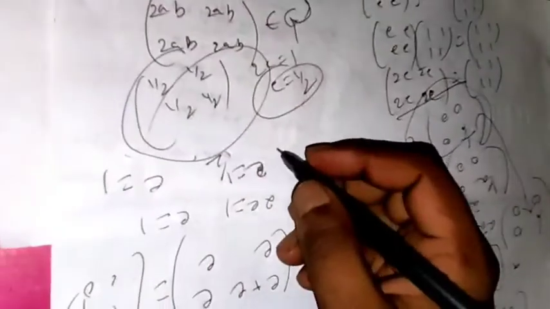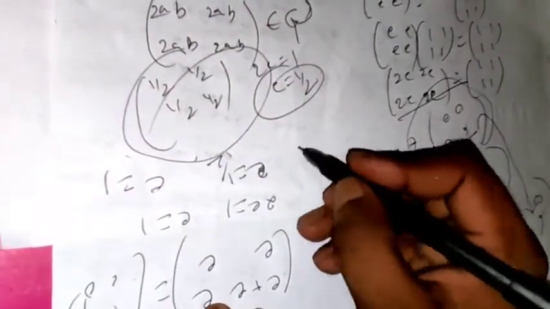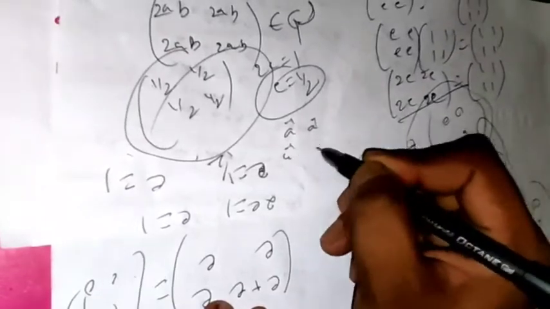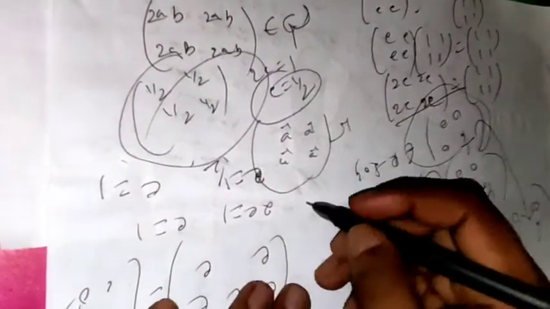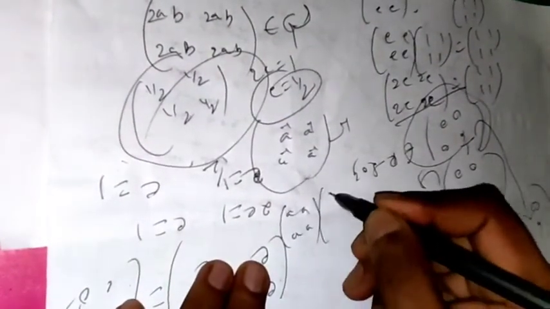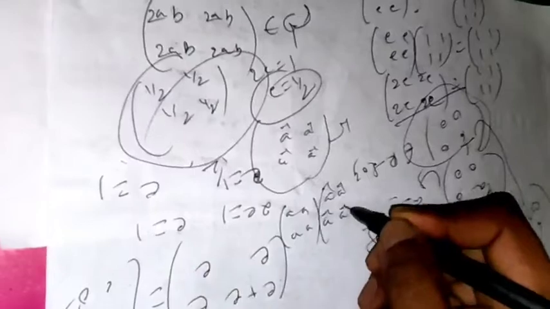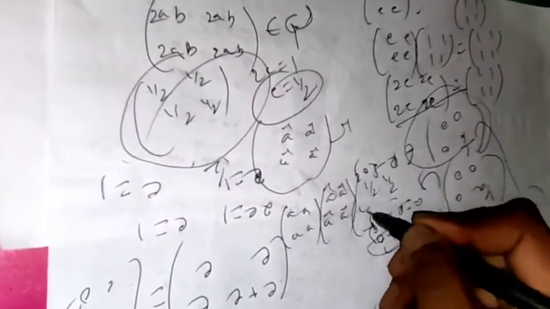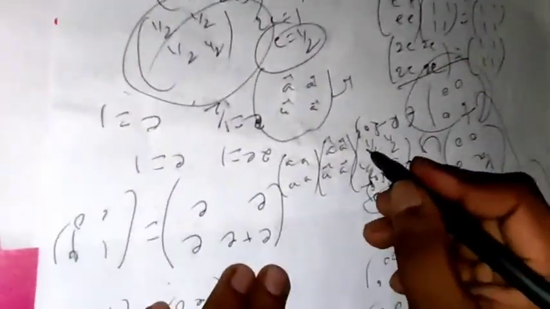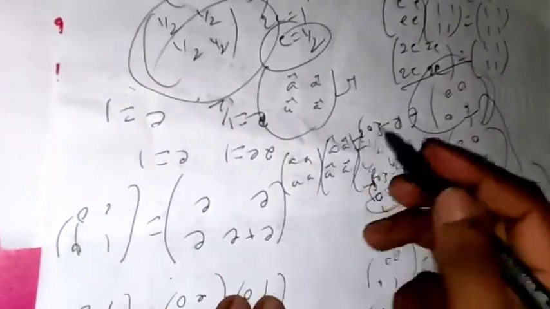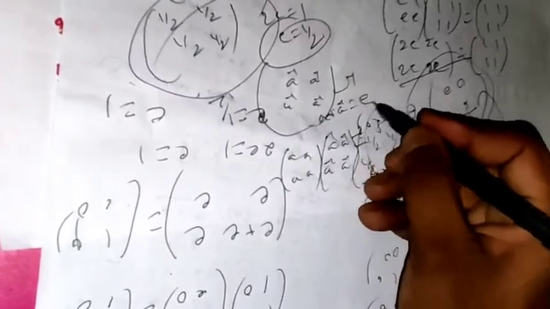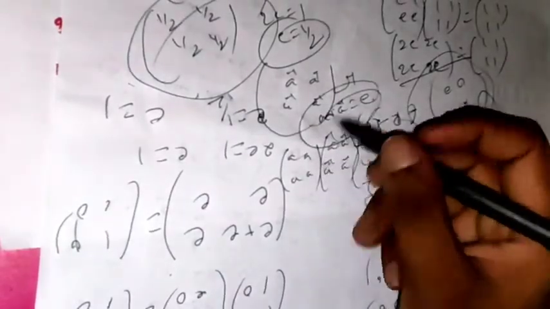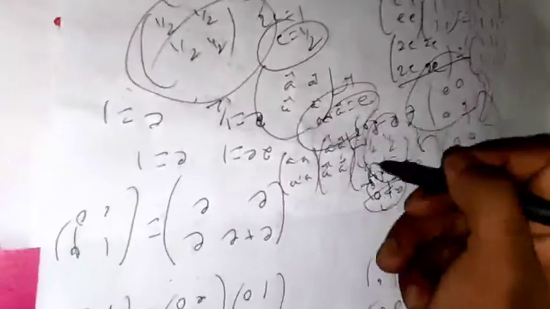And what is the inverse of this group? Suppose A inverse is the inverse element, and A multiplied with A inverse should equal the identity 1 by 2. We know that A star A inverse is equal to E. According to this condition, we take the element, inverse element and identity.